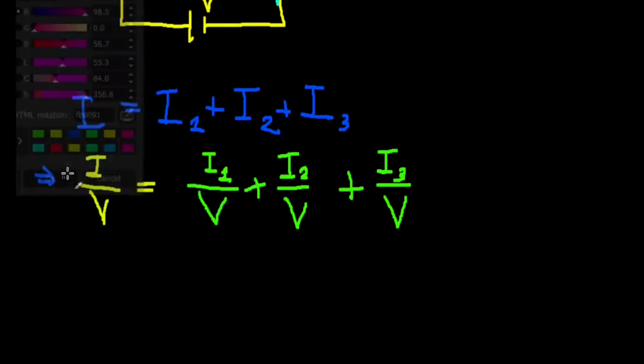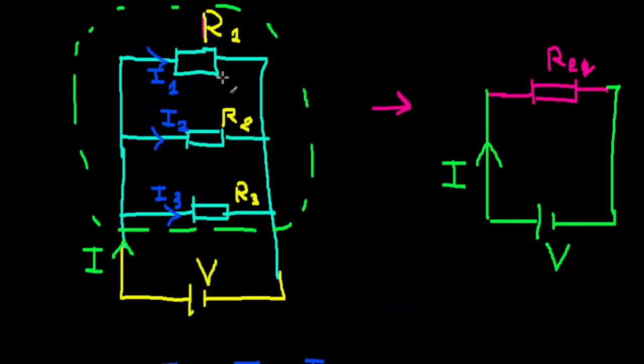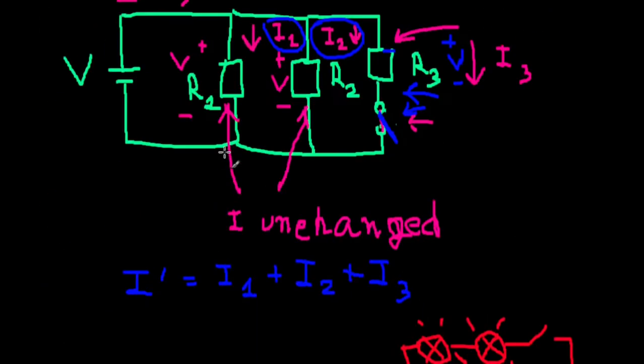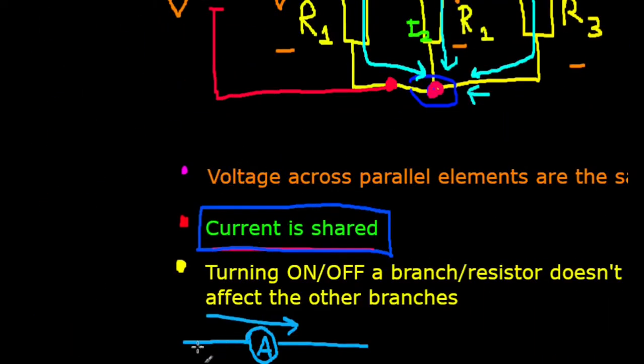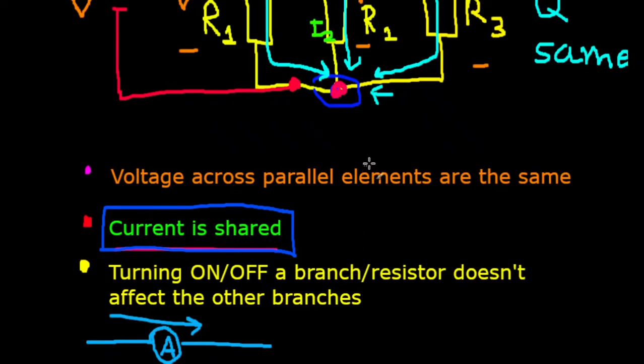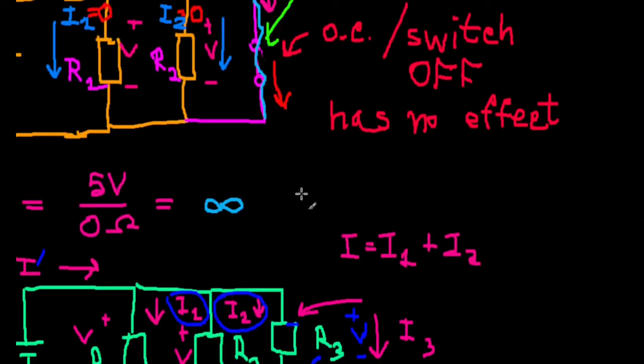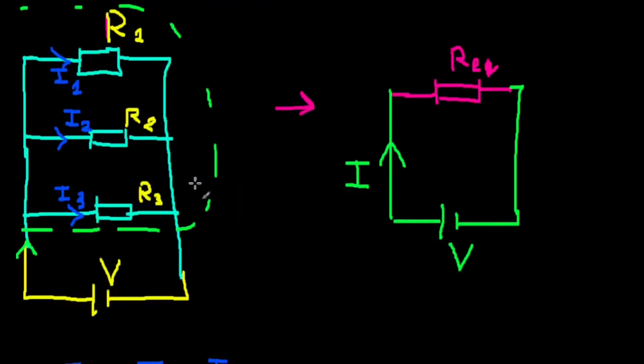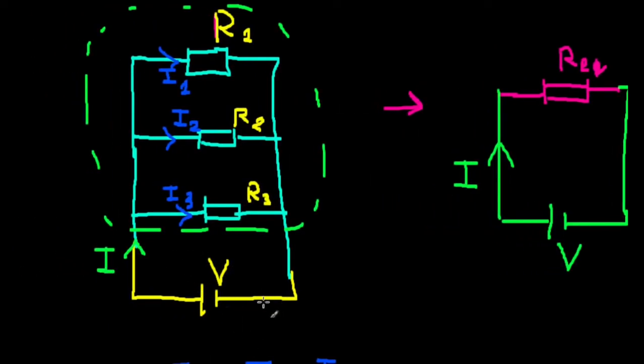Suppose, for these individual resistors, as we said, the voltage across all the parallel resistors must be the same, and must be the same as the total voltage provided by the voltage source, the cell.